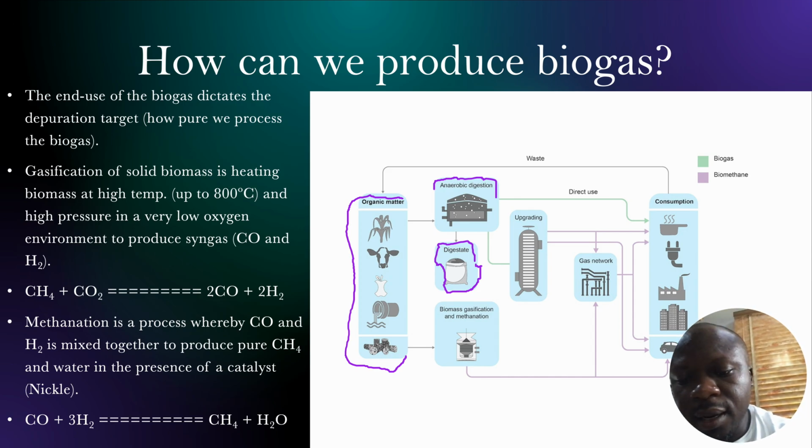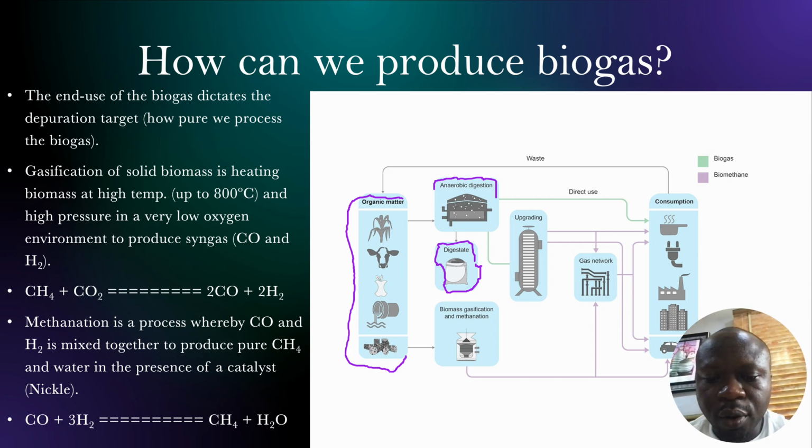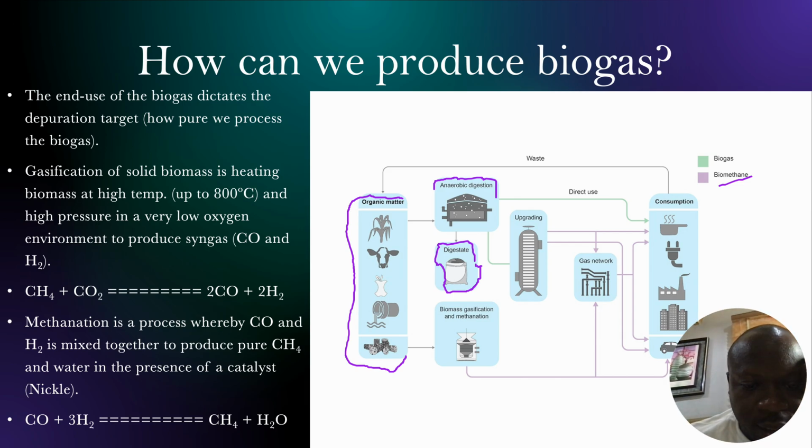And that's exactly what we try to do by upgrading it. When you upgrade, you are now converting the biogas to pure methane. So you are no longer producing biogas, you are producing biomethane. And what do we mean by upgrading? I will explain it in the next slide.